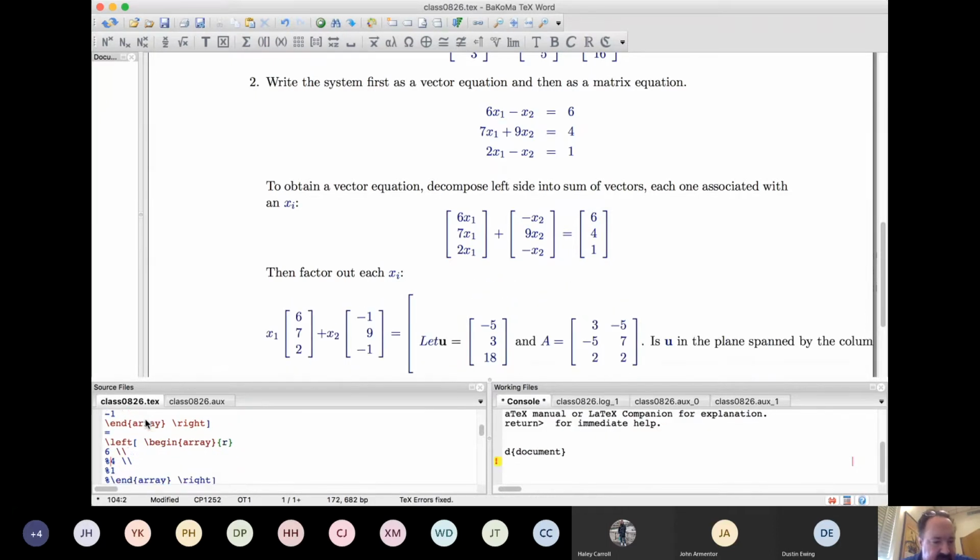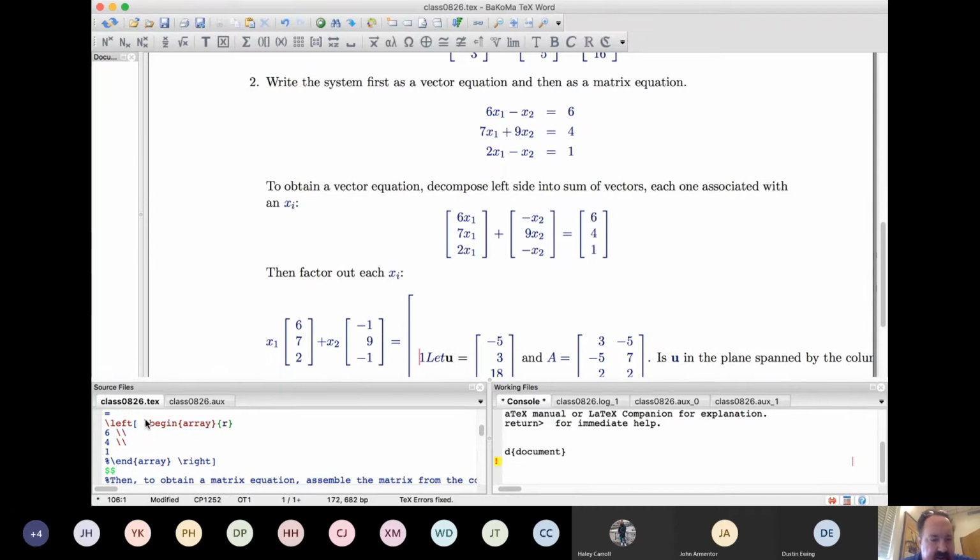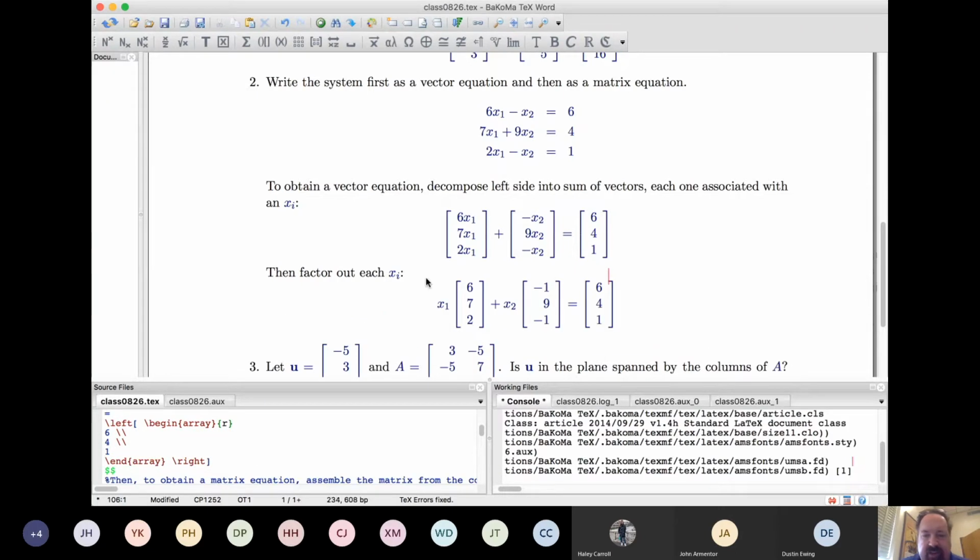And then the same right-hand side vector. So what we have here is the result of a matrix vector product, where the vectors involved are the columns of a matrix. What's multiplying them, the x1 and x2, is the vector x.